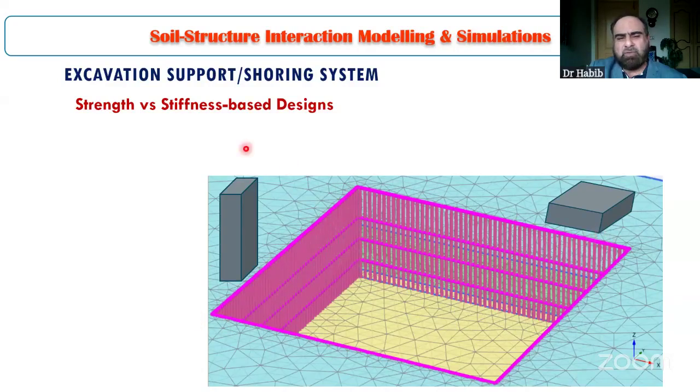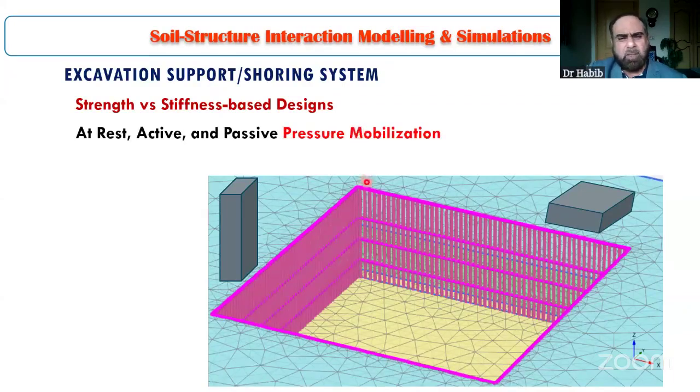So our systems are basically stiffness based. The requirement is a stiffness based system, but empirical methods are based on strength. So we can do it through finite element modeling with the soil structure interaction concepts incorporated in these models. If we look at the strength-based methods, we have only three pressures. We say at rest pressure, active pressure, and passive pressure.